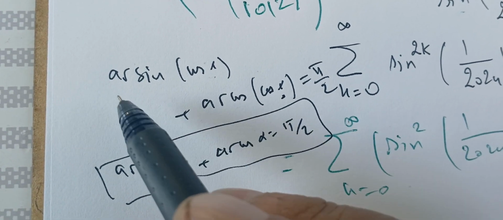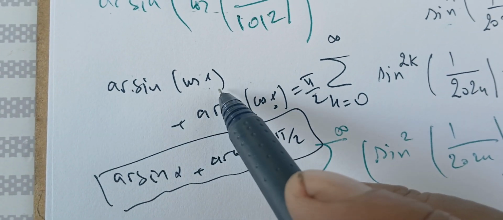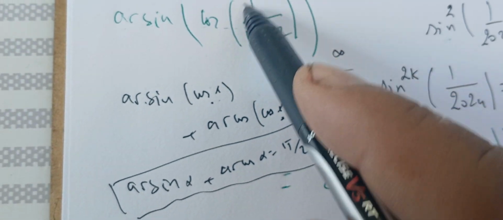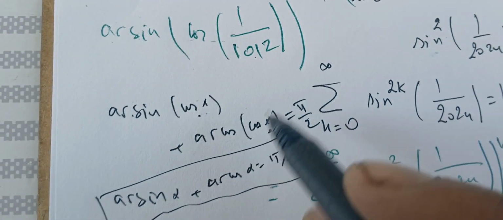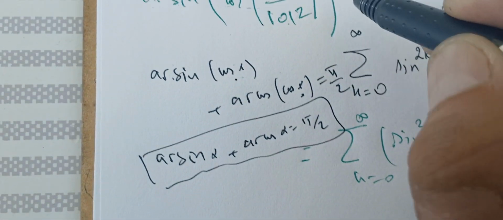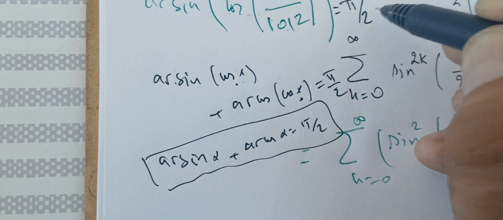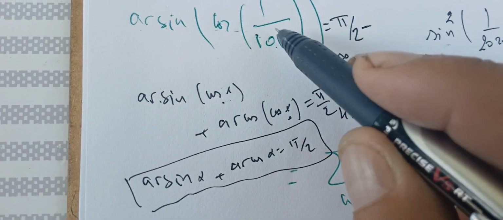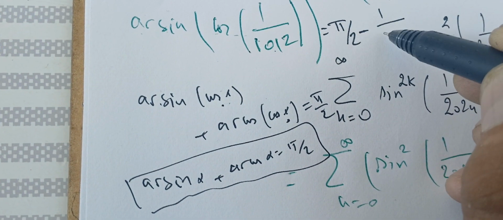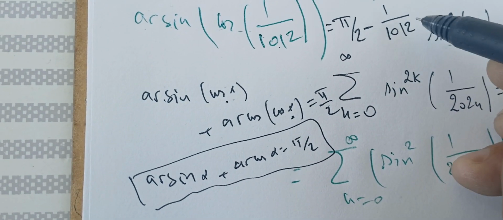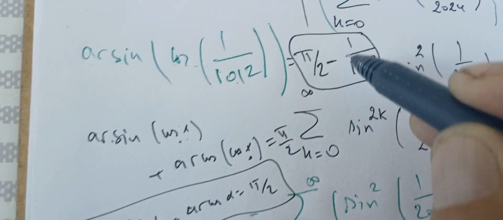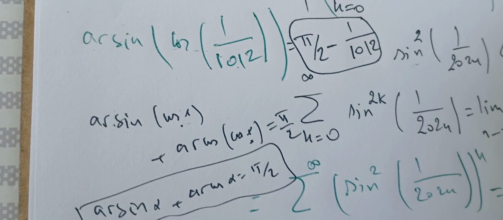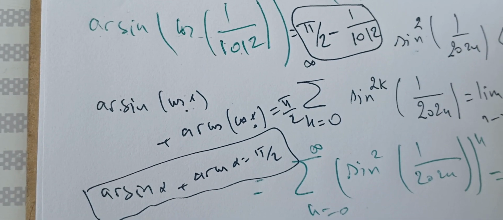Therefore, the arcsine of the cosine of 1 over 1012, this is my alpha, will be pi over 2 minus x, and my x is 1 over 1012. So the solution is this one here. This sum is pi over 2 minus 1 over 1012.